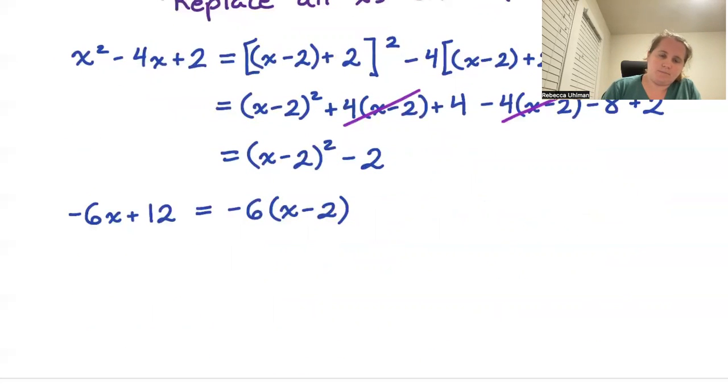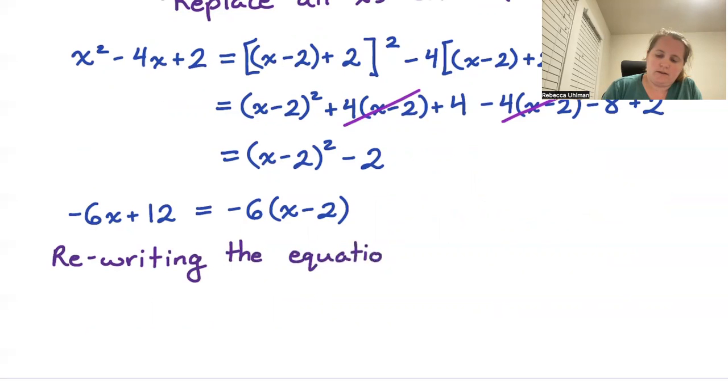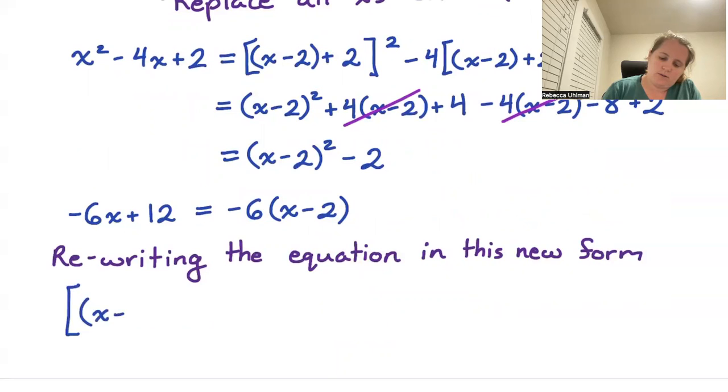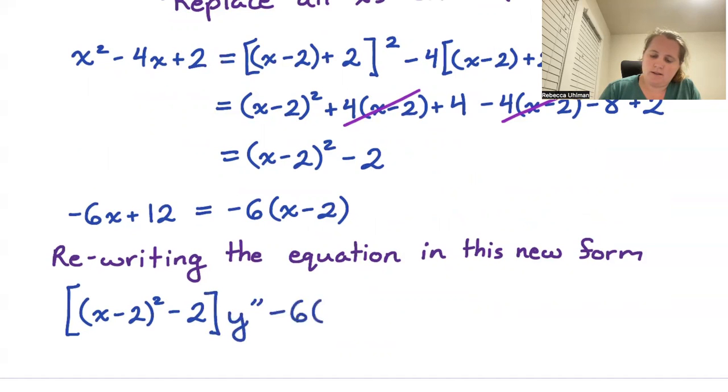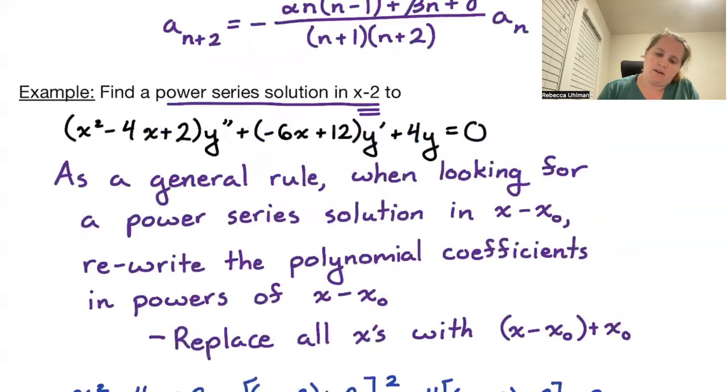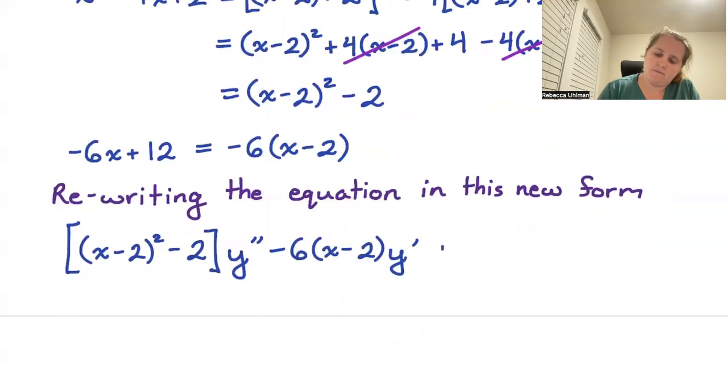So rewriting the equation in this new form, we have (x minus 2) squared minus 2, times y double prime, minus 6 times (x minus 2) times y prime, plus 4 times y is equal to 0.